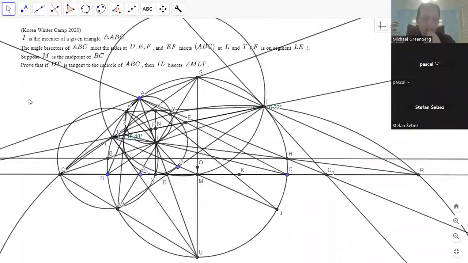So we want to show SL, TI, and BC concur. And what would be a good triangle? We do like SBC, SLTI, and BC.